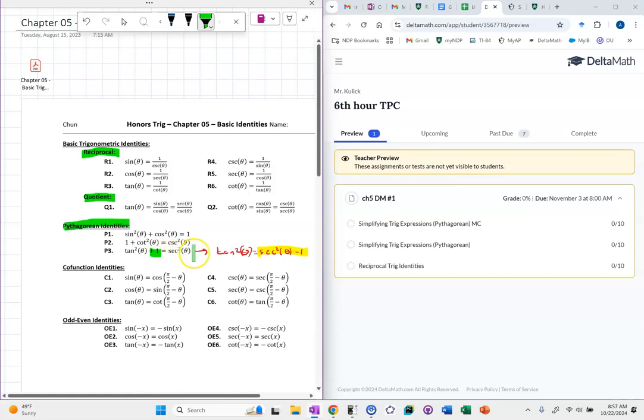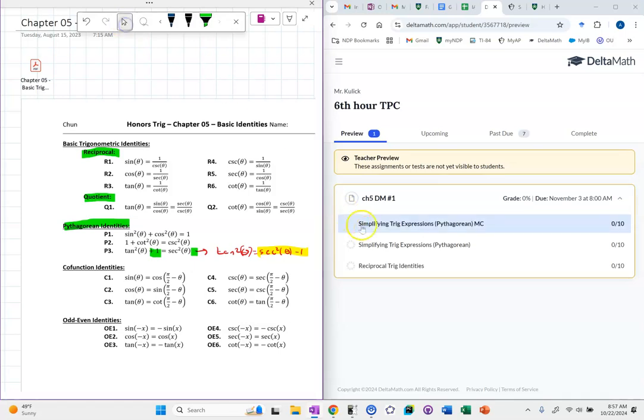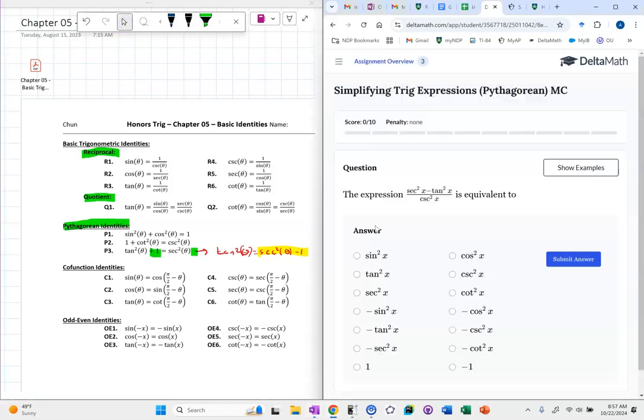I could subtract 1 from both sides and say that tan squared is equal to secant squared theta minus 1. You might need to do that kind of thing to manipulate the Pythagoreans by adding or subtracting things from both sides to do some of the problems here in Delta Math. So let's take a look and show you how we'll use these things.